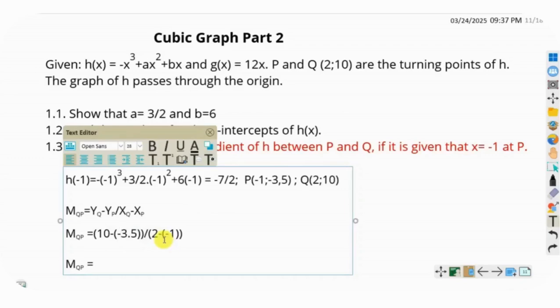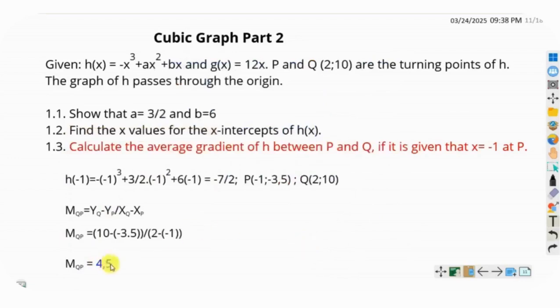Very nice. So the gradient is 4.5, or 9 over 2. Okay, that is the average gradient between points P and Q. Okay, let us look at the next question.